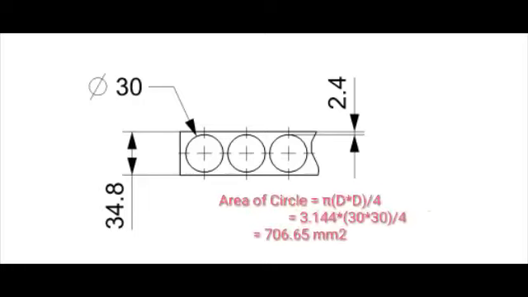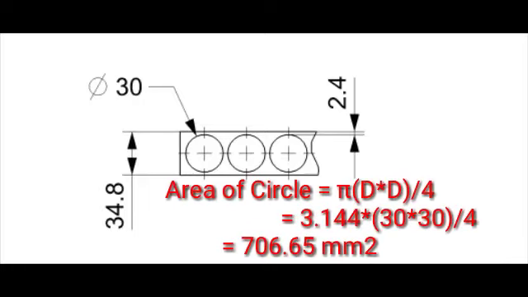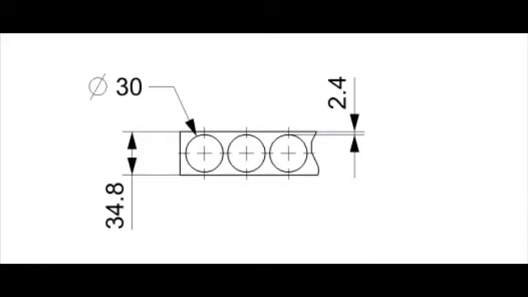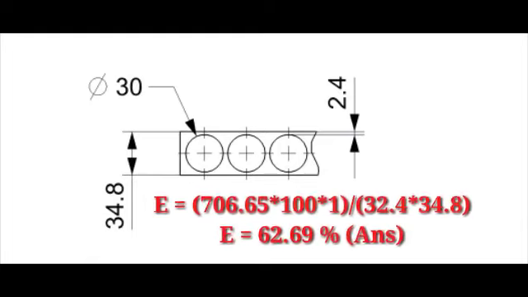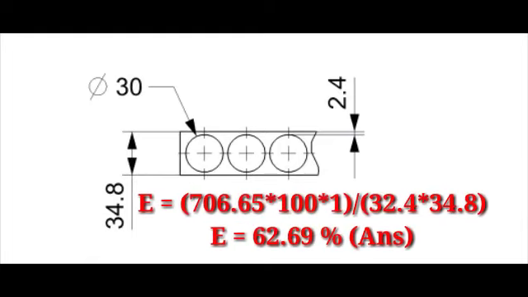So area of blank is equal to pi d square upon 4, pi by 4, and the diameter is 30, so 30 square. Area of blank is equal to 706.65 mm square, and you can use the formula, that is E is equal to area of blank, 706.65, multiplied by 100 multiplied by number of rows, that is 1, and divided by the pitch.